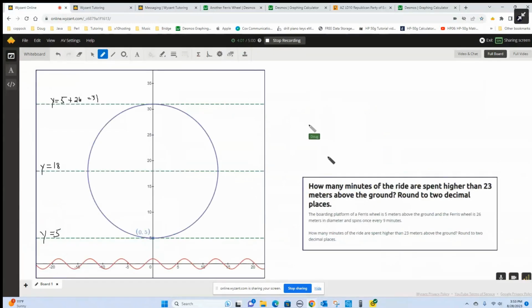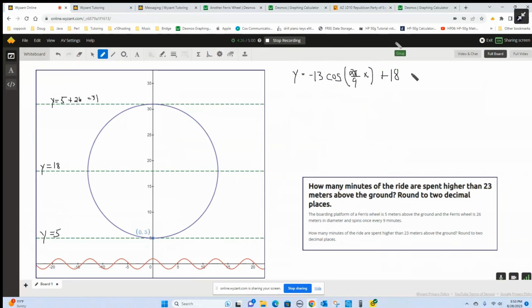So let's go back to Wyzant, and our equation for the trig function is negative 13 cosine of 2 pi over 9 times x, or t, I'll leave it x, plus 18. That's the midline.